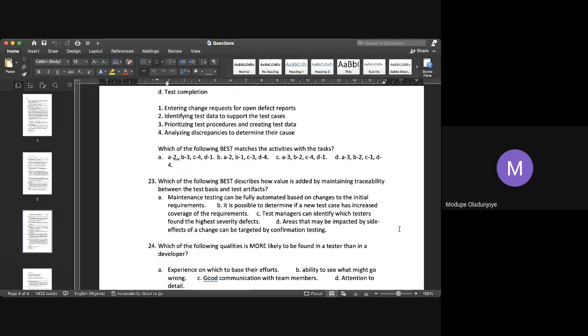Total coverage. Exactly. It is possible to determine if a new test case has increased. So you shouldn't even guess this at all. This is a straight answer.